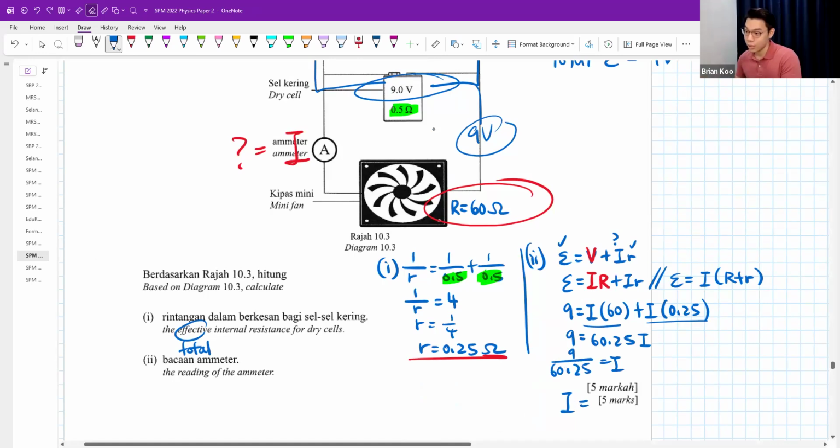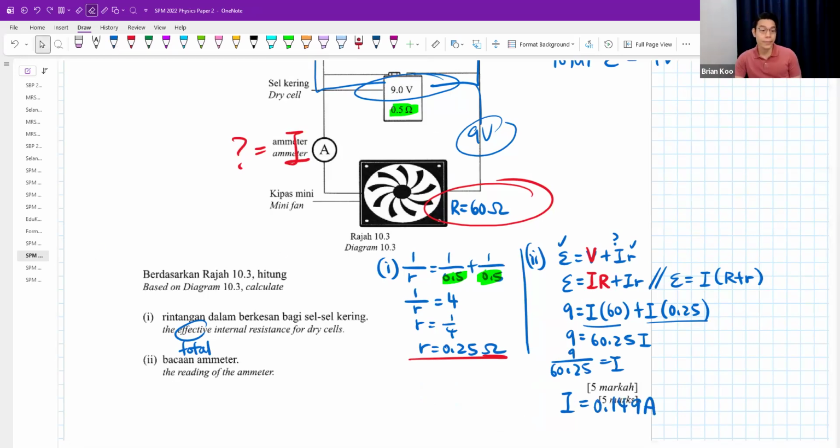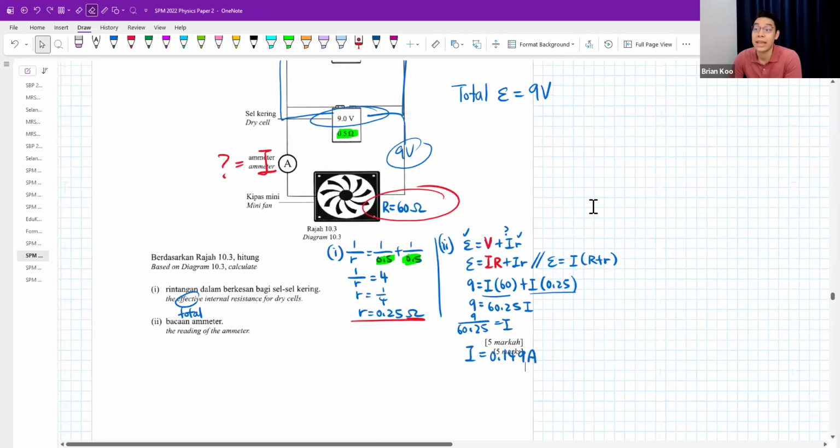Answer is 0.149 ampere. That is minimum 3 decimal places. Okay, that is question number 10.